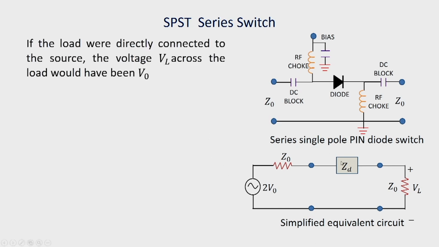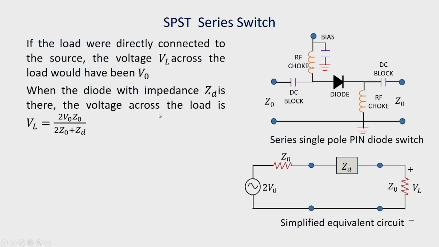Now, suppose if this switch were not there, the load were directly connected to the source, then we would have got a voltage VL, which is given by 2 V naught divided by Z naught plus Z naught, that is 2 V naught into Z naught divided by 2 Z naught, that means half of this 2 V naught, that means the load voltage VL would have been V naught.